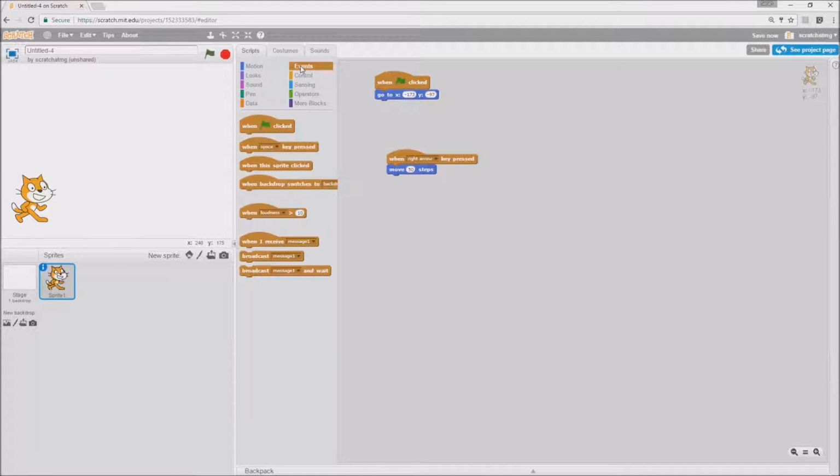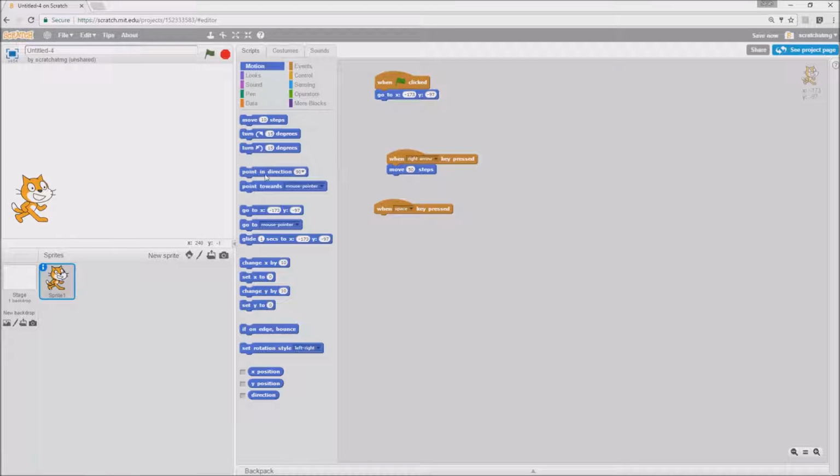So let's add just a few more. Playing with the XY plane, we're going to do, how about a glide? And we'll do the space bar. He's going to glide to an XY position. And how about we'll have him glide up here. So that's about 145 on the X and 83 on the Y. And let's have him glide for about 5 seconds.